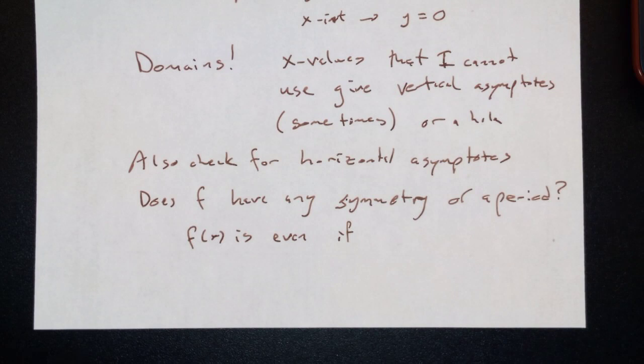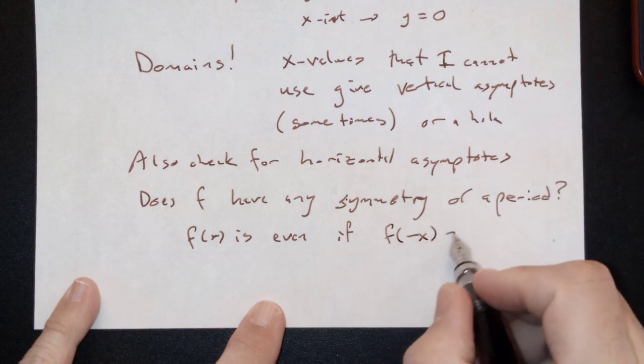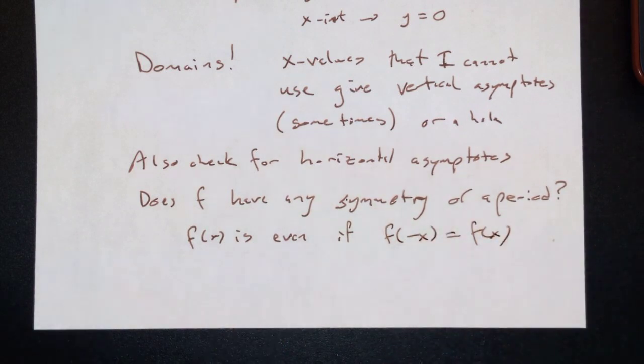So that means when I plug in a negative value for x, I get the same exact result as if I plugged in the same positive number. The things on the left side where x is negative are exactly the same as the things on the right side where x is positive.